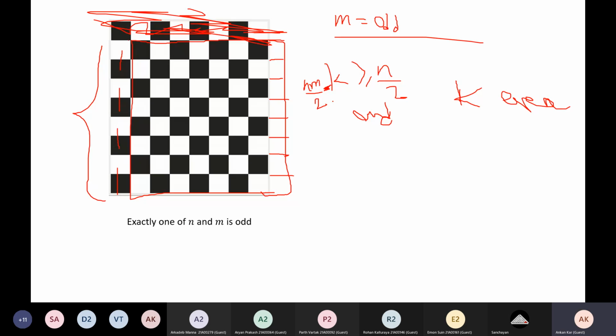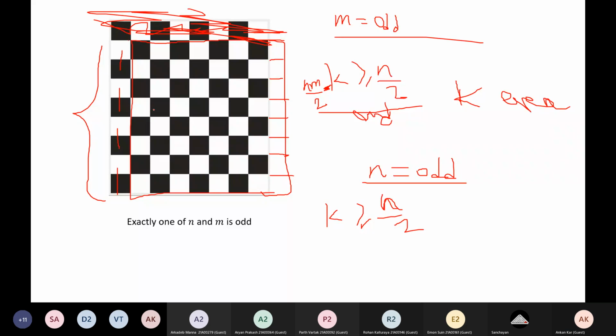So this is the case, and if n is odd, it is the same as the other case. Then k must be greater than or equal to n by 2. Understood, right? Why must k be greater than n by 2?